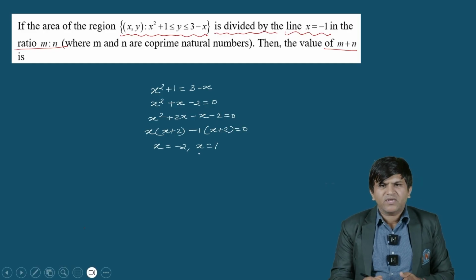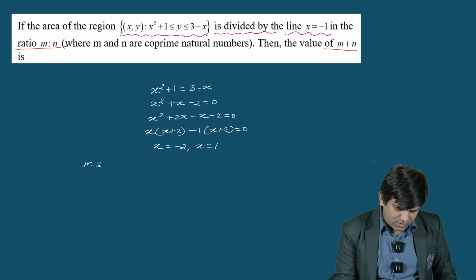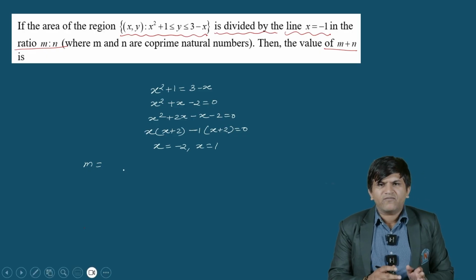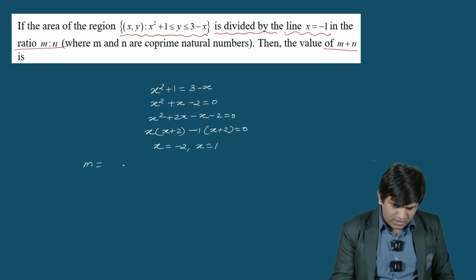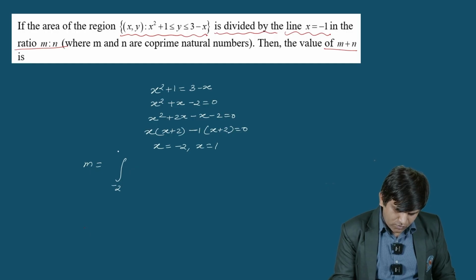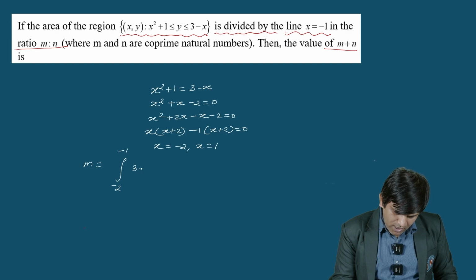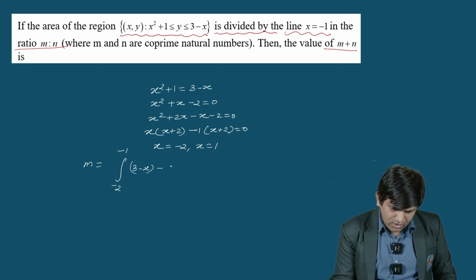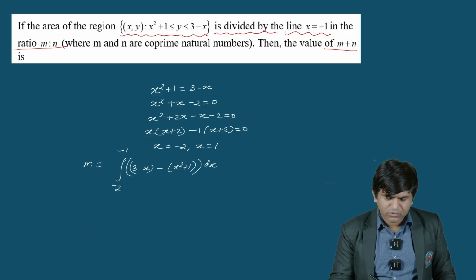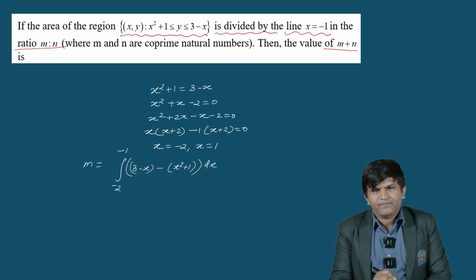So the m region we can say is upper curve minus lower curve, and the limits we can choose from minus 2 to minus 1. The upper bound is 3 minus x, and the lower bound is x square plus 1. So this integral we have to find, and that will give us the value of m.